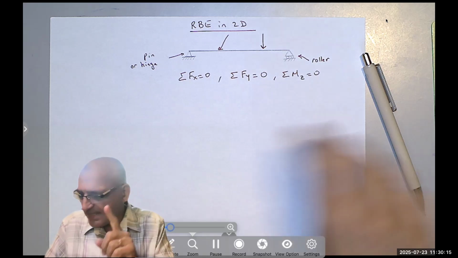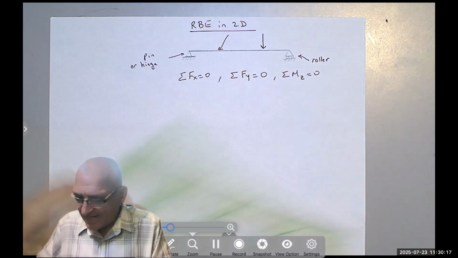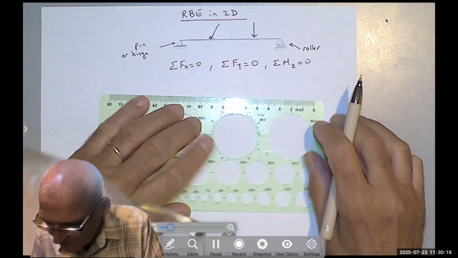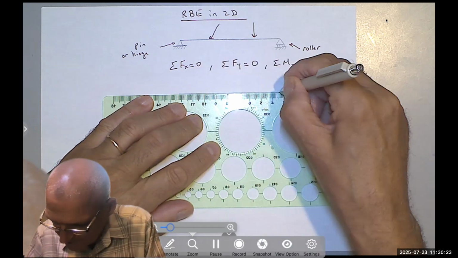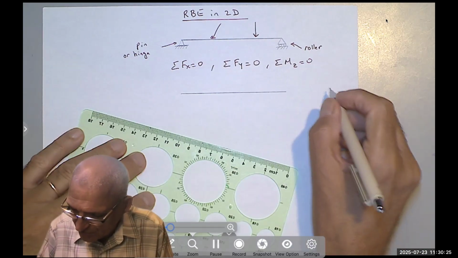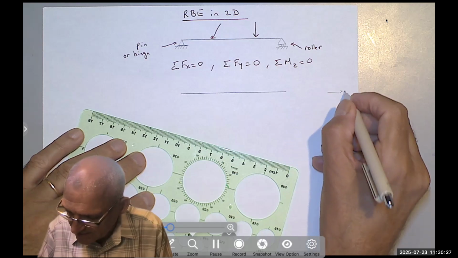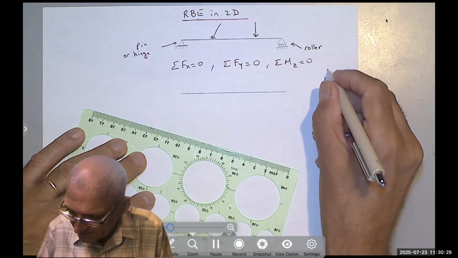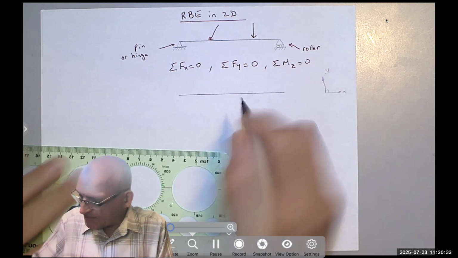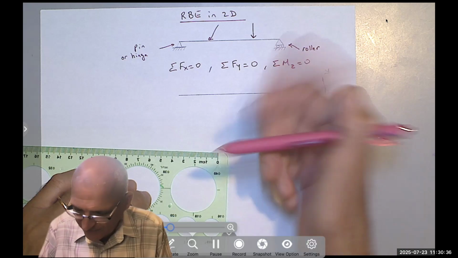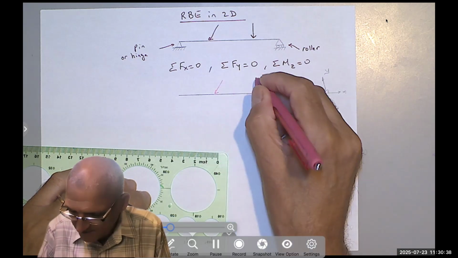Now, when I am drawing the free body diagram of a rigid body, this is my X, this is my Y. So I have my forces, whatever forces they are, I don't care.